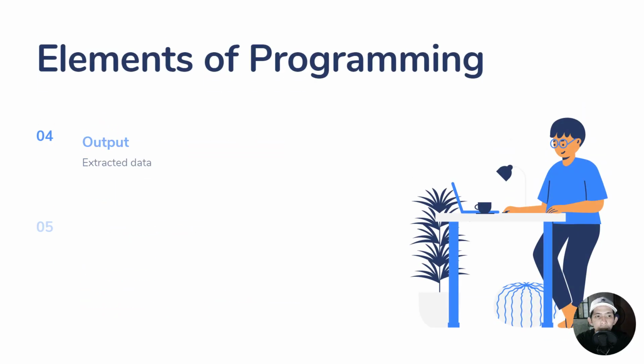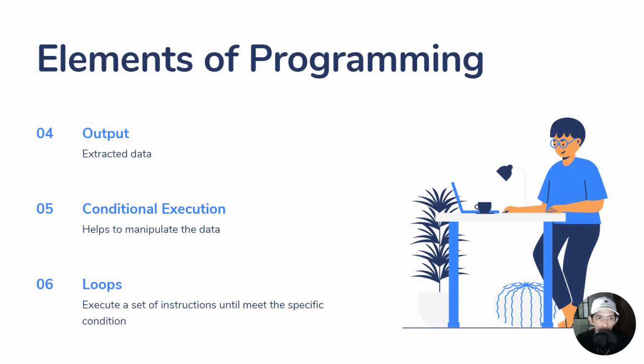So, the next one is the output. Okay? Ito yung, since nag-store tayo, di ba? We have input and then we store it. Naging data na siya. We keep it. And then once na ma-extract natin yung data na yon, ang tawag natin sa kanya is output. Okay? So, one example ng output natin, let's say, sa calculator, di ba?